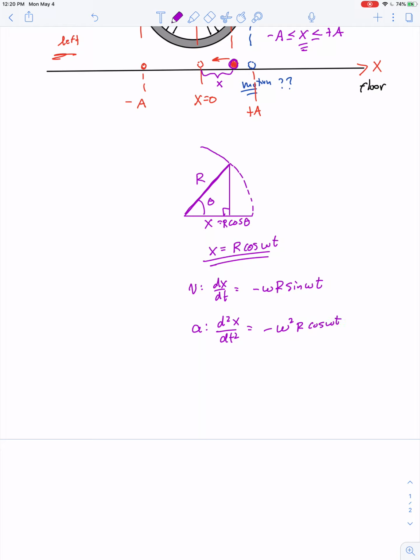But of course that just means that the second derivative of position of the shadow with respect to time is equal to negative omega squared times the position.